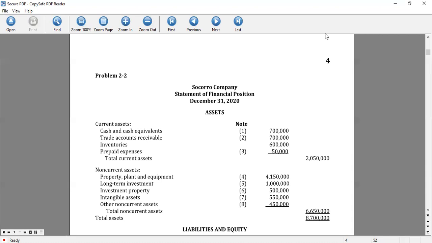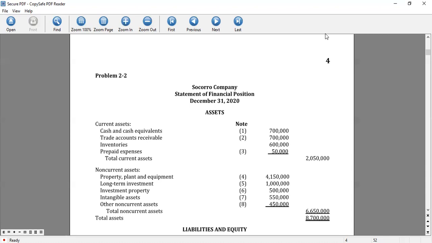Then unearned leasehold income, 5 years starting 2021, 350,000, stock dividends payable 150,000, and serial bonds payable 100,000 maturing annually, 500,000. So the total long-term liabilities as given in the summary is 1 million.